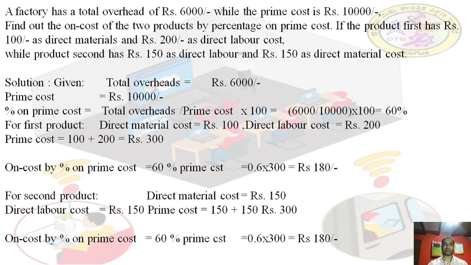So first we calculate the prime cost, and 60% of it will be the overhead. The total cost of the first product will become 300 plus 180, that is 480, and the total cost of product 2 is also 480, that is prime cost plus overhead charges.